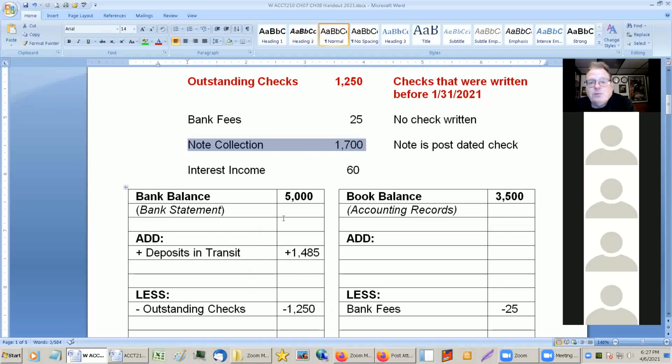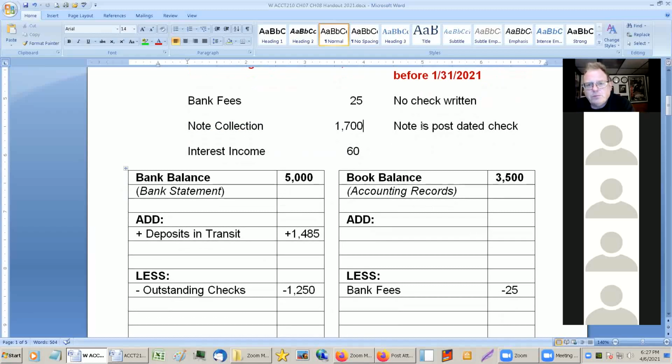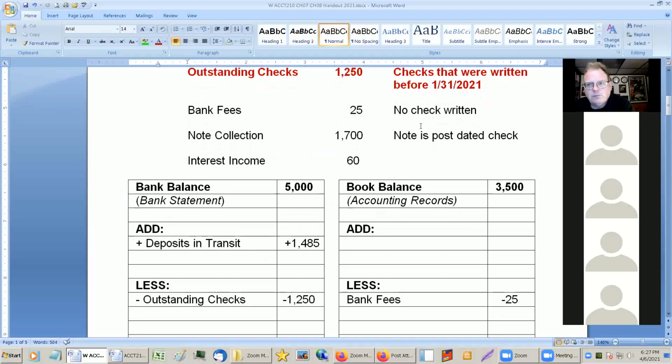So do we have to correct the bank side or the book side? Book side. Book side, add or subtract? Add. Add, good. So note collection. They collected our notes, kind of like collecting a check.